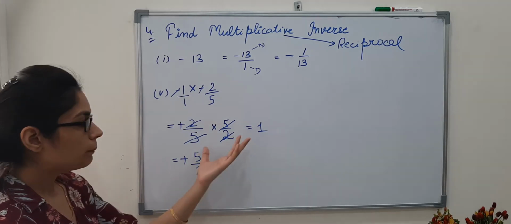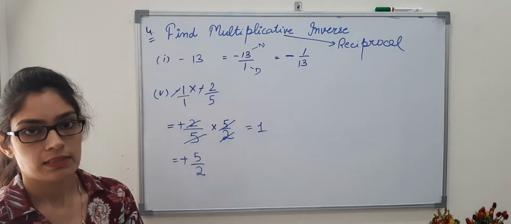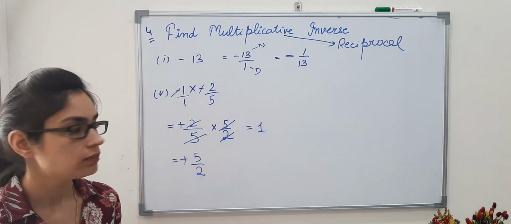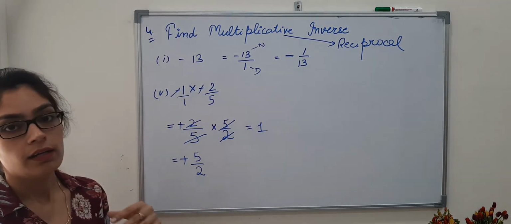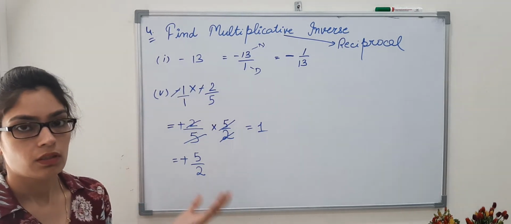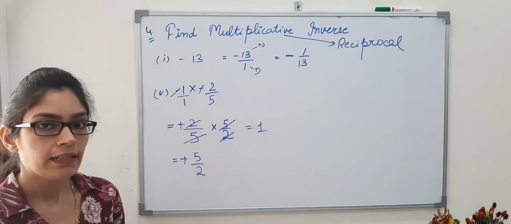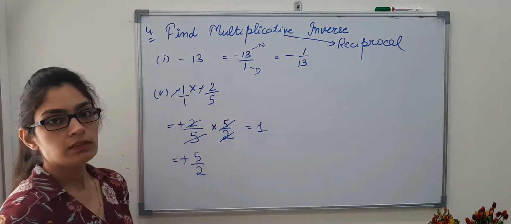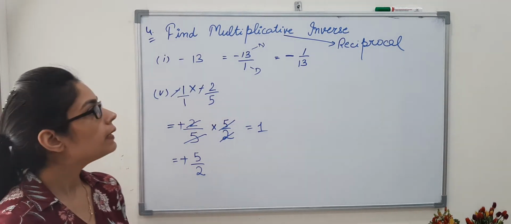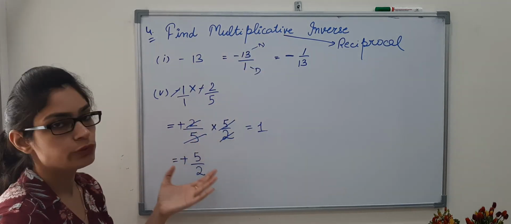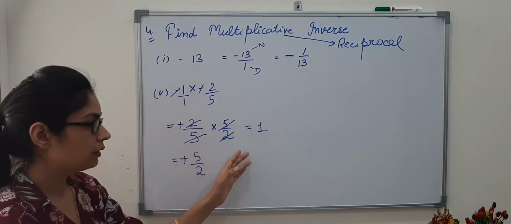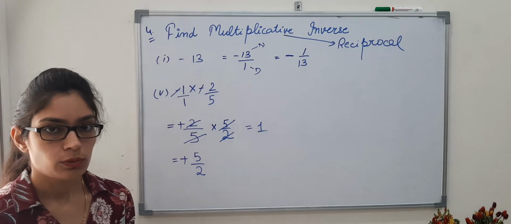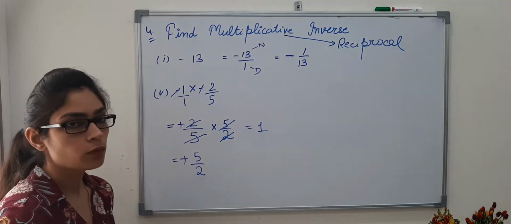If you are multiplying the original number with its reciprocal, you will get 1 as your answer. Additive inverse you can check by adding, and in that case the answer should be 0. Multiplicative inverse you can check by multiplying with the number. Here the answer should be 1.